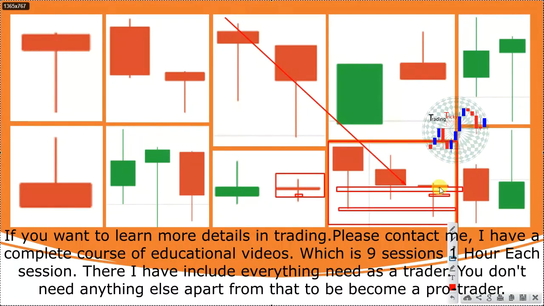But if it's in the middle of this trend, or something like this, and you have another level here, then this candle might be a continuation sign. So after that you will see something like this.